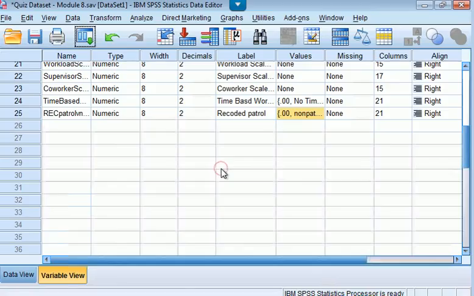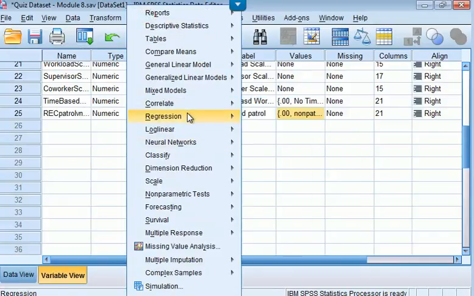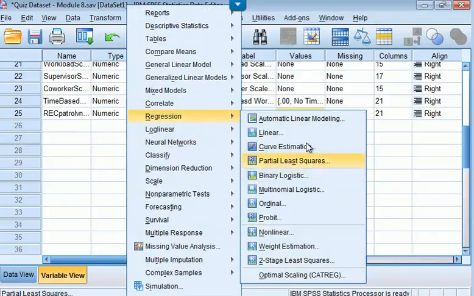The next thing that the quiz asks you to do is run a multiple OLS regression with time-based work-family conflict as your dependent variable, and years law enforcement, number of kids, and your dichotomous patrol non-patrol variable you've just created as your independent variables. So you're going to go to Analyze, Regression, Linear.